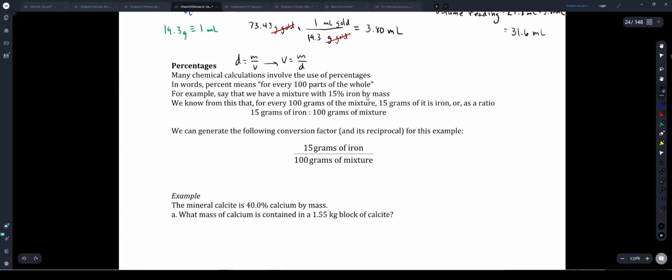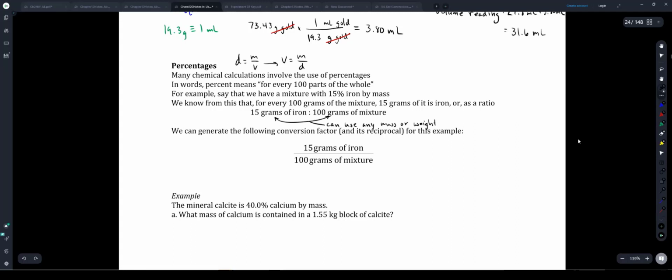By mass means we can do this with grams, or we could do it with kilograms, or we could even do it with pounds. So long as we're on Earth, we can do it with pounds. And we're not going to be going off the planet. So if we wanted, we could change this to any units we want. So we can use any mass or weight unit we want, so long as they're the same.